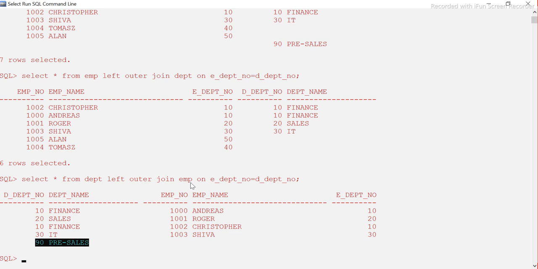Now, one of the interview questions that people can ask you: if I need to find out all the employees, irrespective of whether they have any matching department or not. So what we will use, obviously, is the left outer join, guys, right?